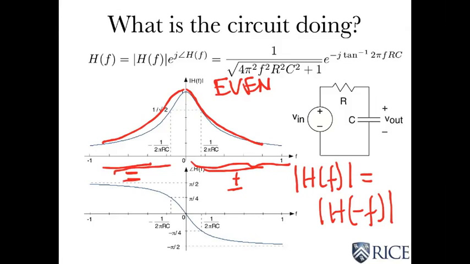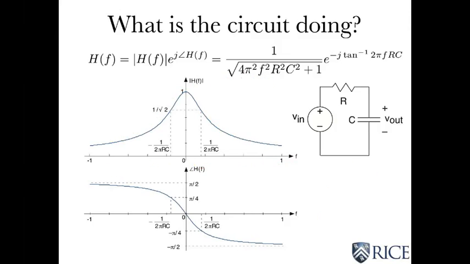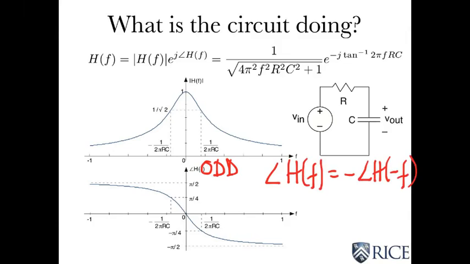The phase has very similar kind of symmetries, and it has what's called odd symmetry, and that is that the angle of H of f is equal to the negative of the angle of H of minus f. And that's always true.